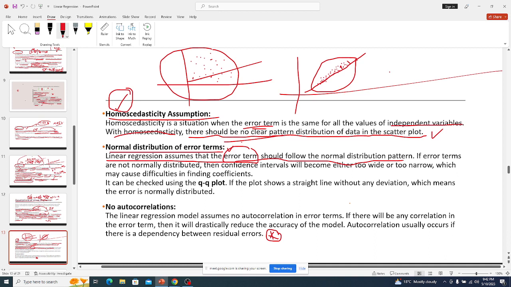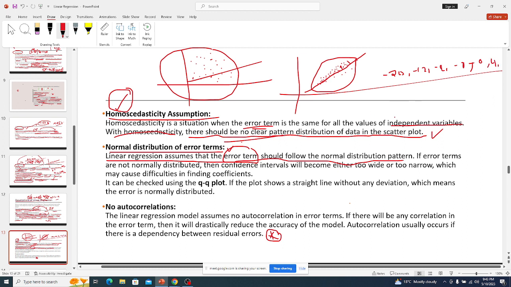For example, remember we'll have some error terms which are negative. Let's say we'll have negative 20, negative 12, negative maybe 9, negative 1, maybe 0, and we will also have 4.